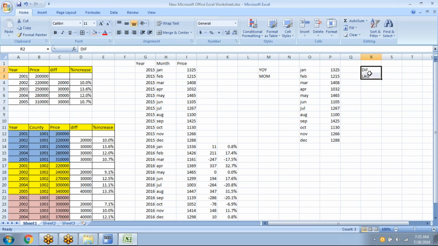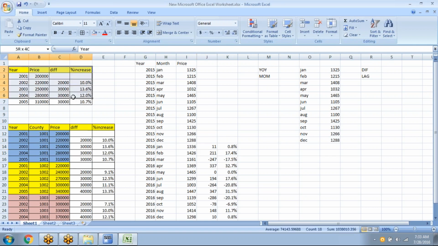So the main purpose of diff and lag is to read the previous record values or previous observation values in the current record. For example, if you look at this value, how did I get this 11?